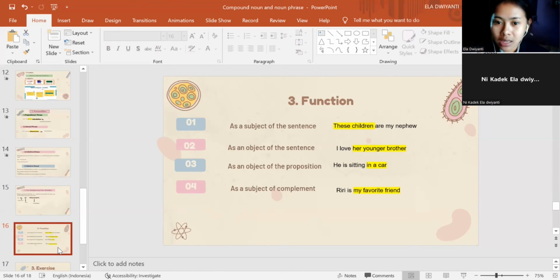As an object of a sentence, I love her younger brother. As an object of a preposition, he is sitting in a car. As a subject complement, he is my favorite friend.